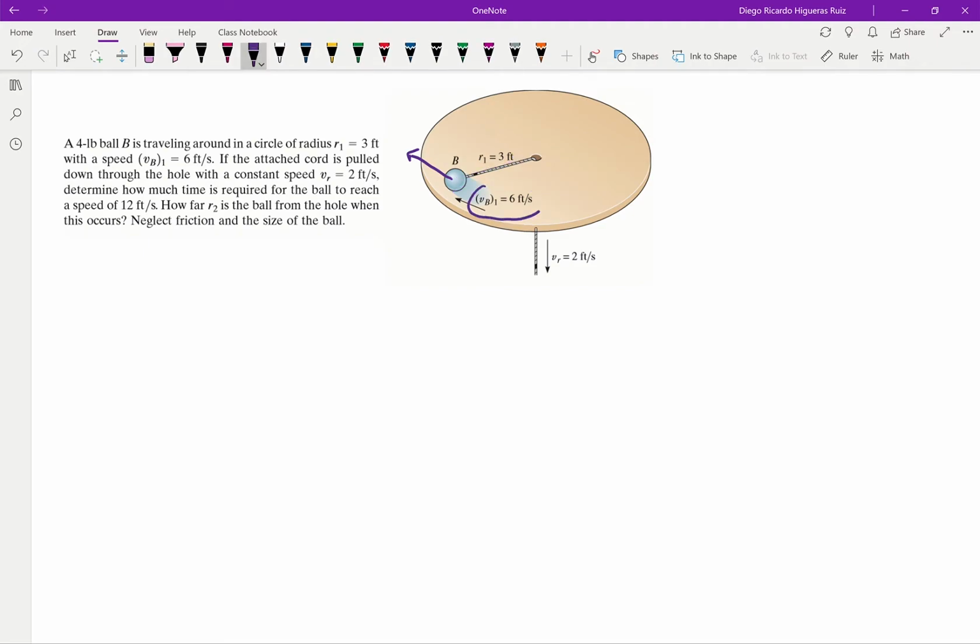So this one, that one, and then in this color we got this one right here.